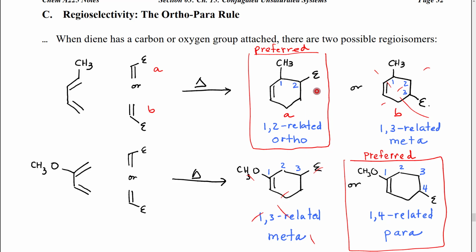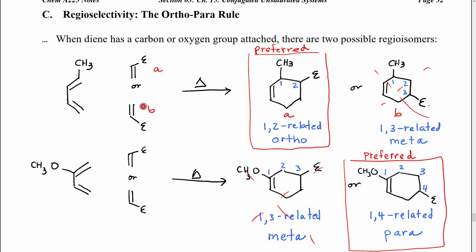So again, in relative numbering terms, we could say that starting with 1 as a point of reference, if that were 1, then this would be carbon 2. We have groups on carbons 1 and 2 related to each other. We say these groups are ortho-related. That's a synonym for 1 and 2 that we're going to talk about more in chapter 16.